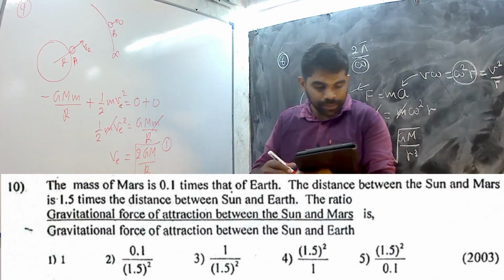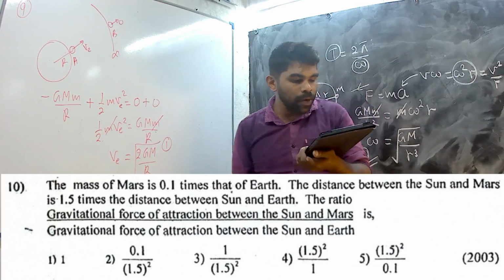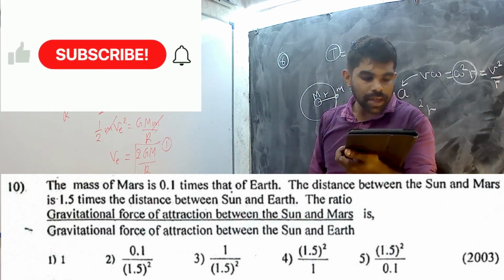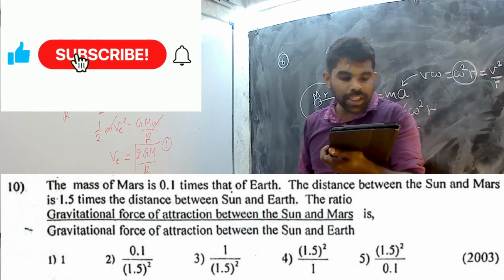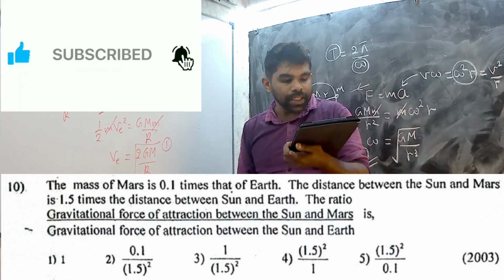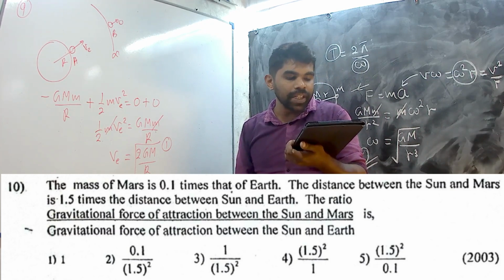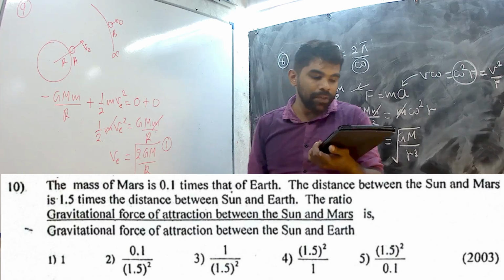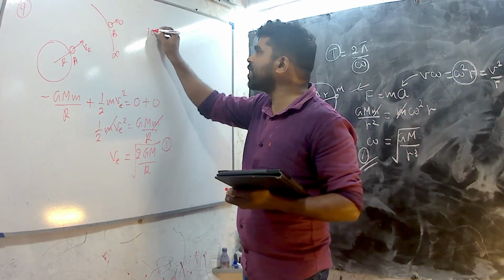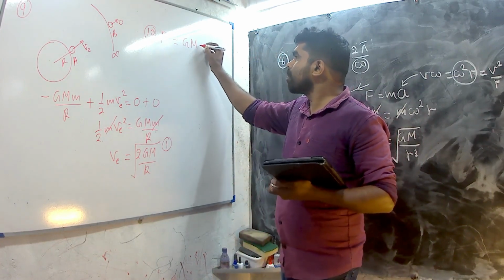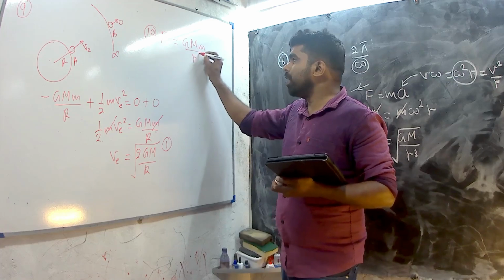Question number 10. The mass of Mars is 0.1 times that of Earth. The distance between Sun and Mars is 1.5 times the distance between Sun and Earth. The ratio of the gravitational force of attraction between the Sun and Mars to the gravitational force of attraction between Sun and Earth is... We know that gravitational force is GMm over R squared.